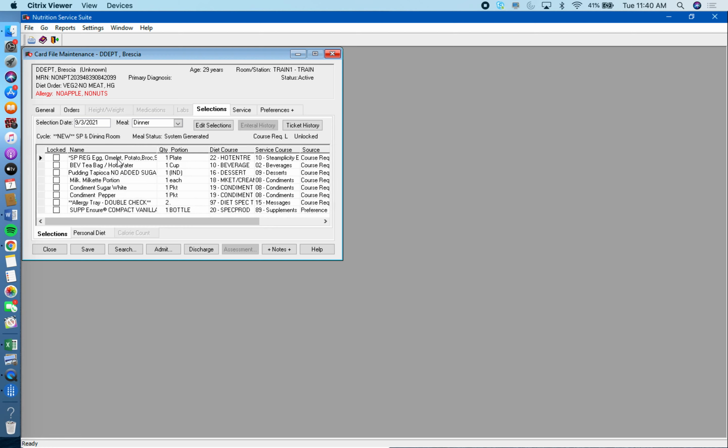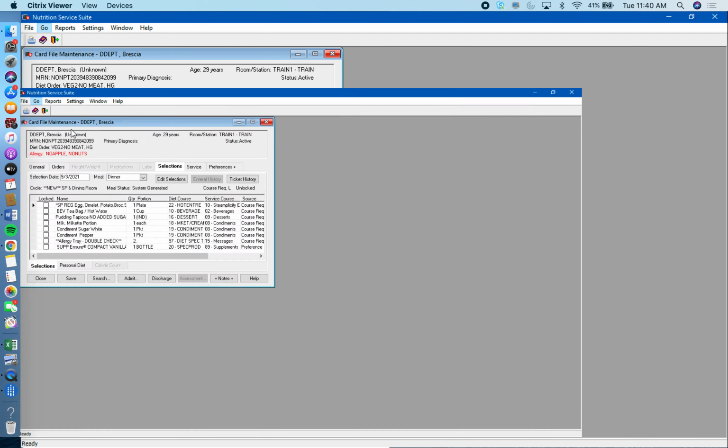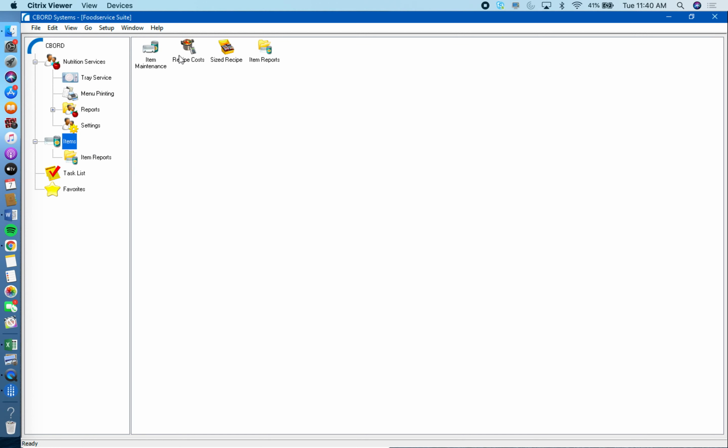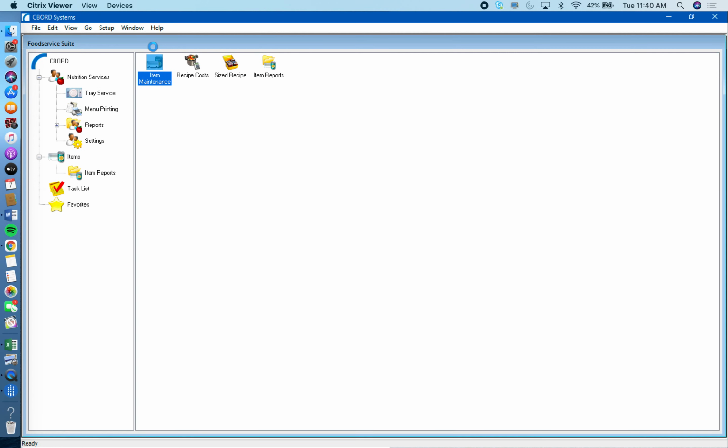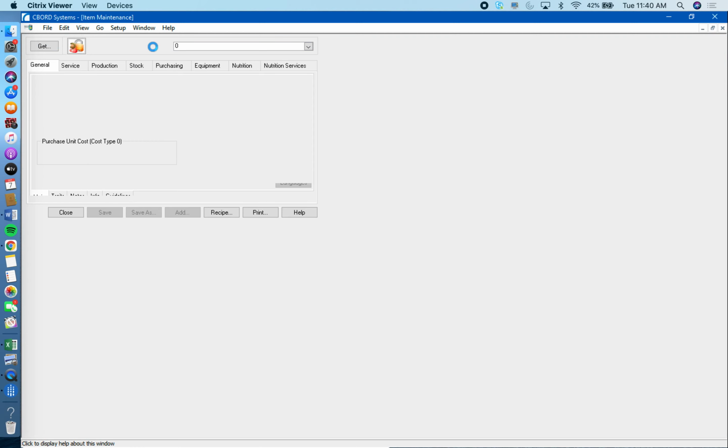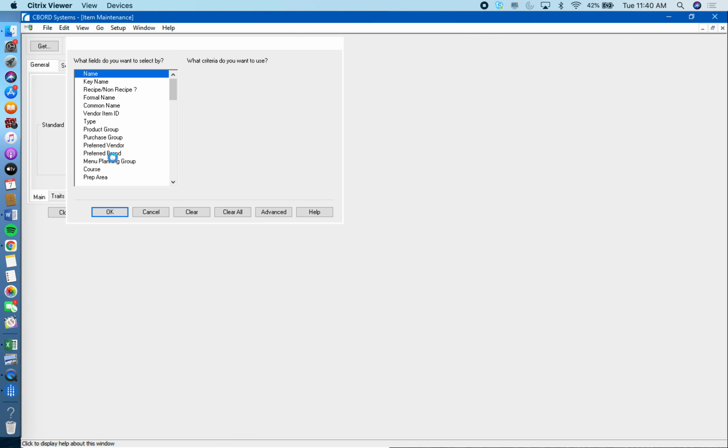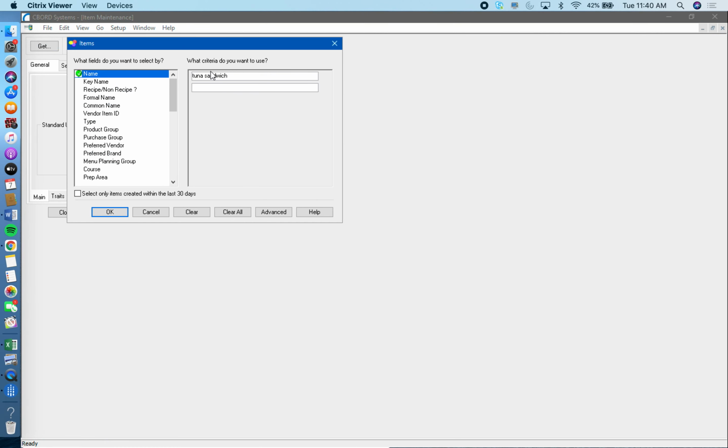And finally, this question asking, what is the cost of a sandwich? Now this is where we will need to go to items. So we're going to go to item maintenance. And you would have seen this in the video before, but let's say they have a tuna sandwich.